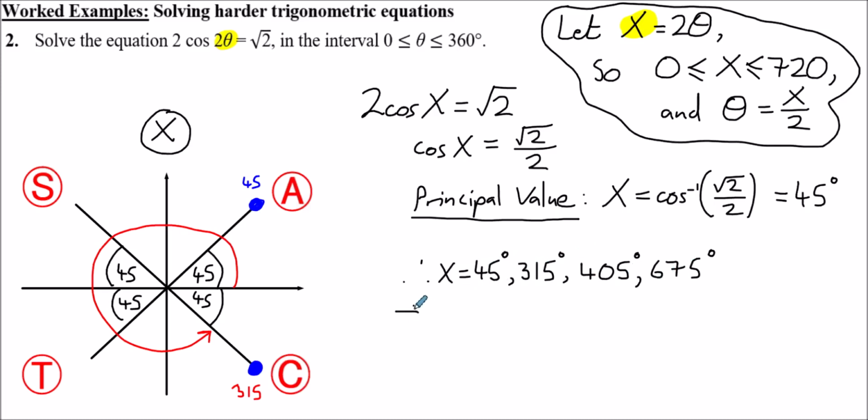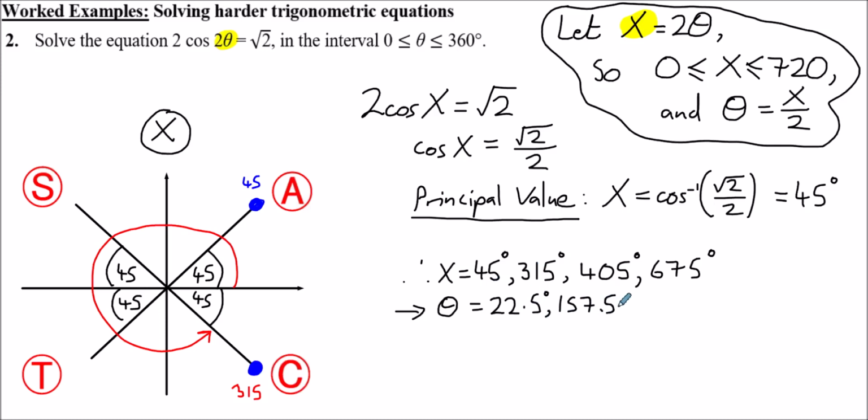But of course, we want it in terms of theta. And remember, theta is x divided by 2. So all of these valid values of big X we found, we simply just half them now to get the values of theta which are required. So 45 divided by 2 is 22.5. 315 divided by 2 is 157.5.